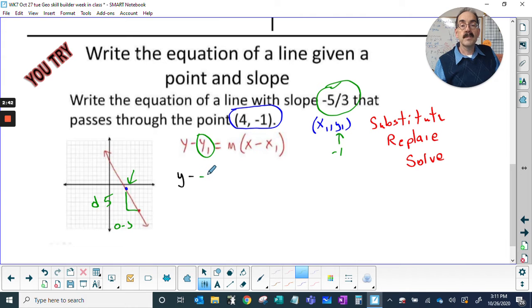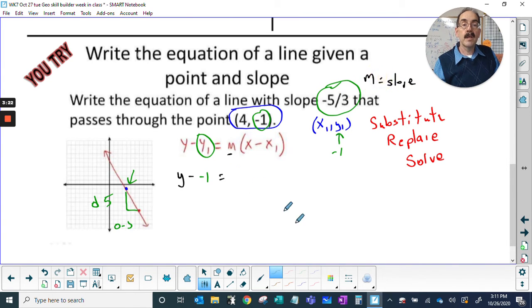So when we rewrite it, we substitute -1 in for y1. So -1 equals the slope. M equals slope.